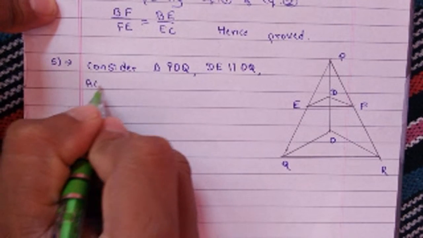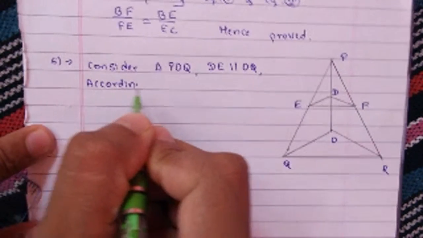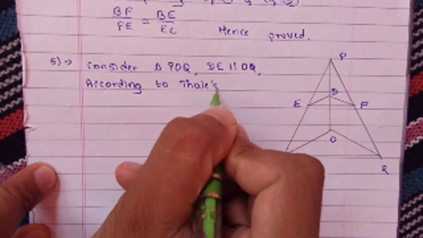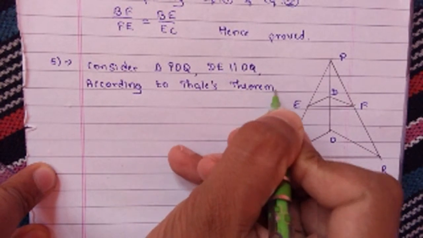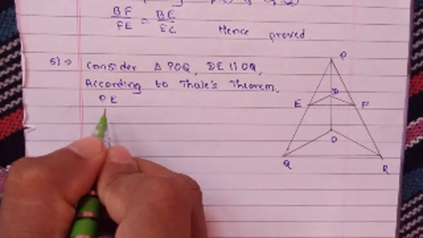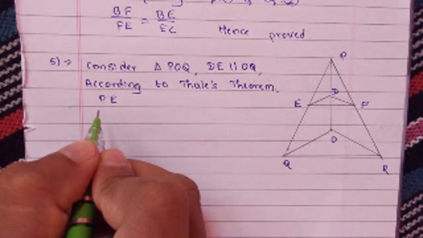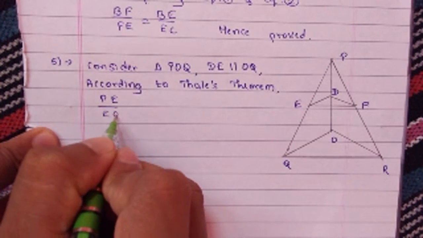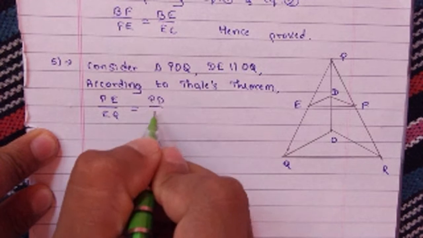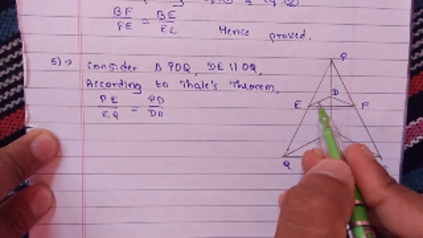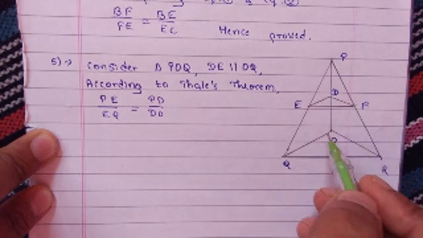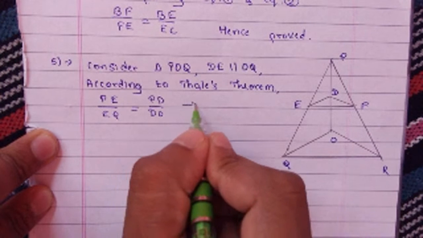According to Thales theorem, PE divided by EQ is equal to PD divided by DO, because DE is parallel to OQ. I'll call this equation number 1.